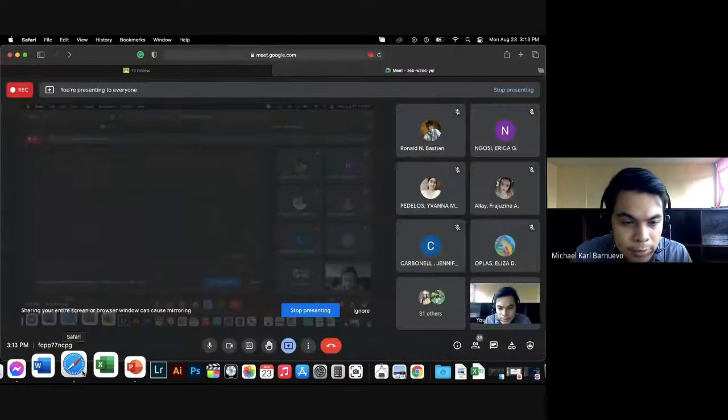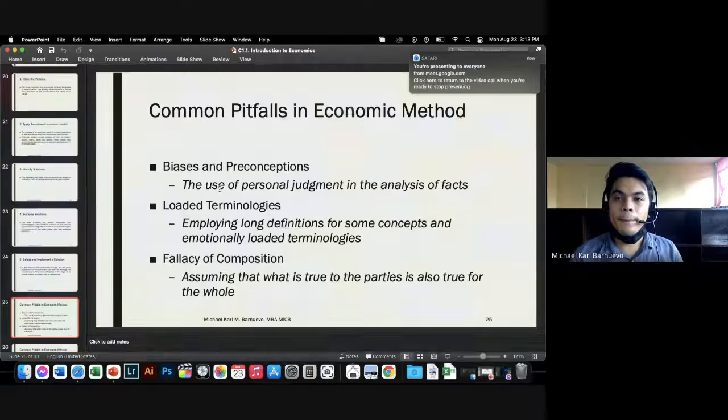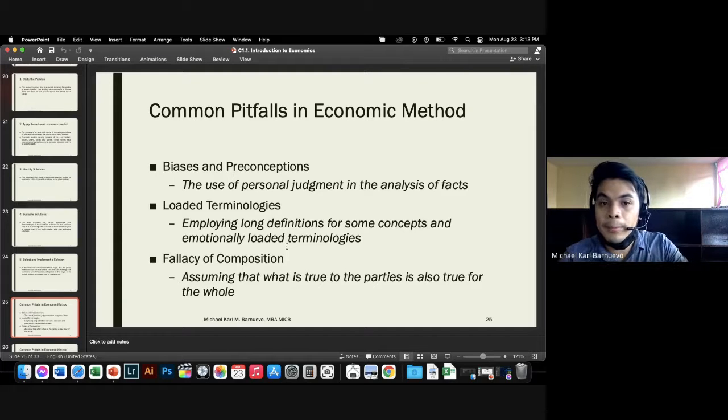So, when it comes to creating policies or solutions to an economic problem, it is still based on the expertise of the one who will do the analysis. And the problem here is we all have different expertise or field of specialization.